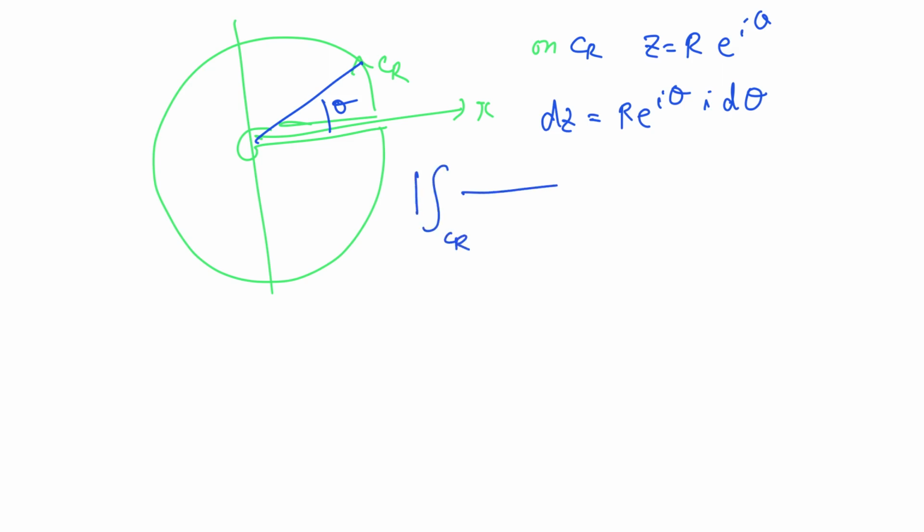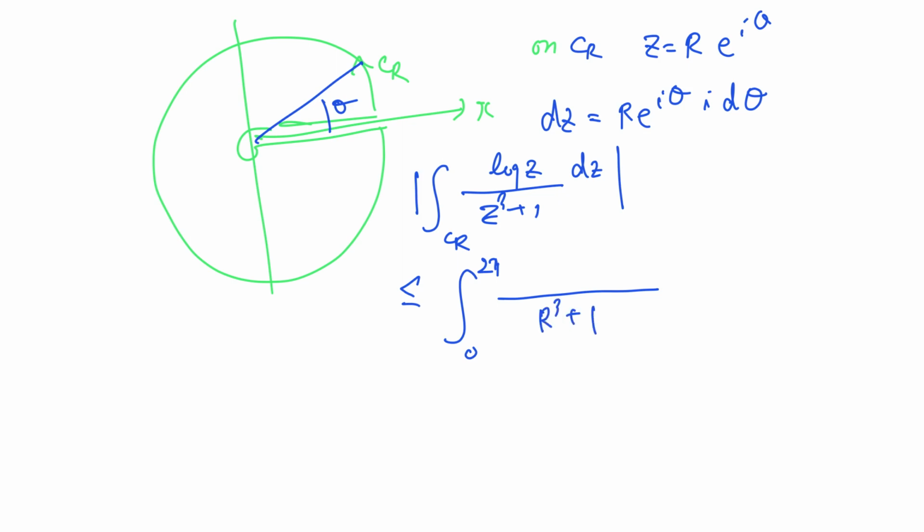The absolute value of the integral over CR of log Z dz is less than the integral from 0 to 2 pi of the bound with R to the power, R plus I theta, R d theta, right? If you take the absolute value, log Z is log R plus I theta.